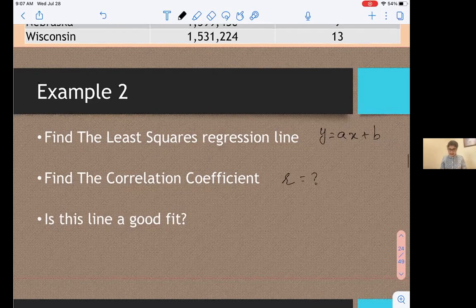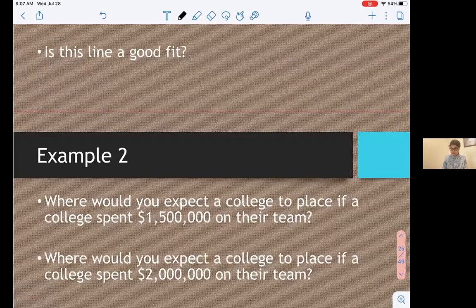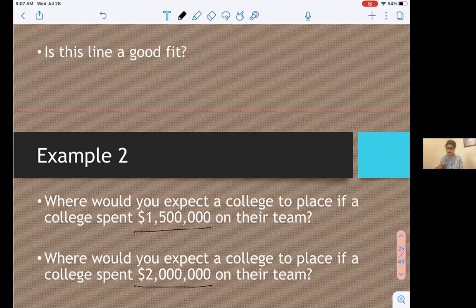Once we have all this information, then we have to predict the value of the placements for the following expenses for these programs.